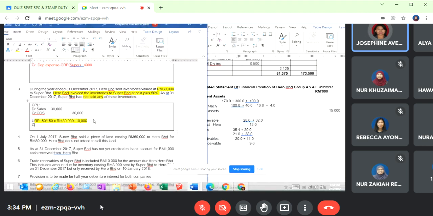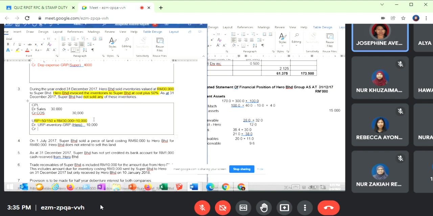So we're going to debit the unrealized profit on the sale of the inventory, and that will go to the group retained profit of the seller Hero. And then we will credit the inventory.